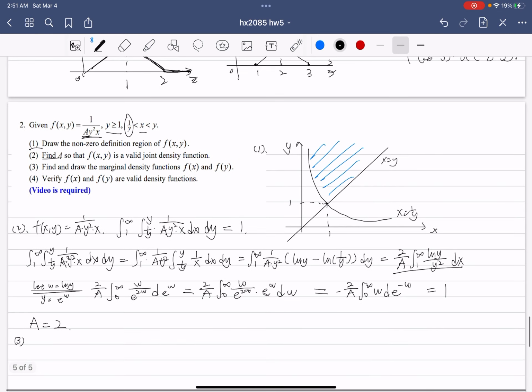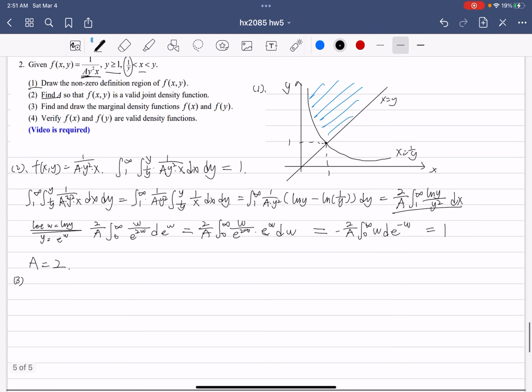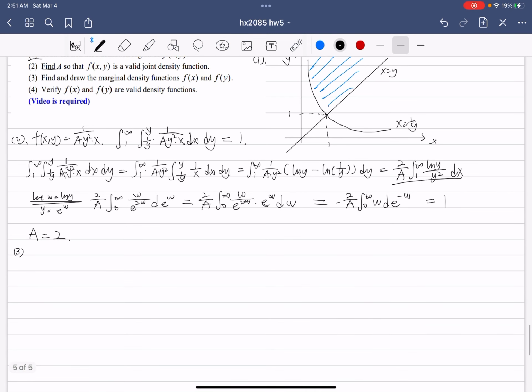Let's do the third part. We need to find and draw the marginal density functions fx and fy.